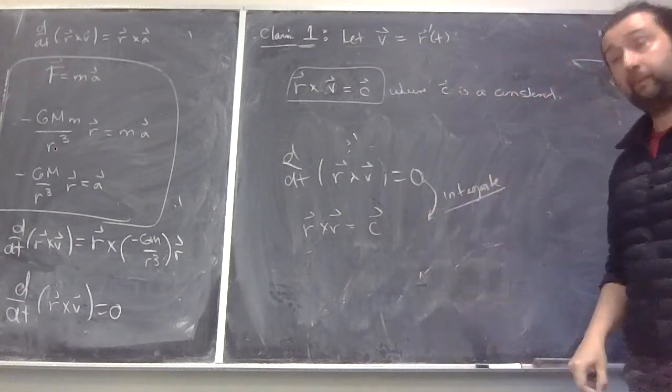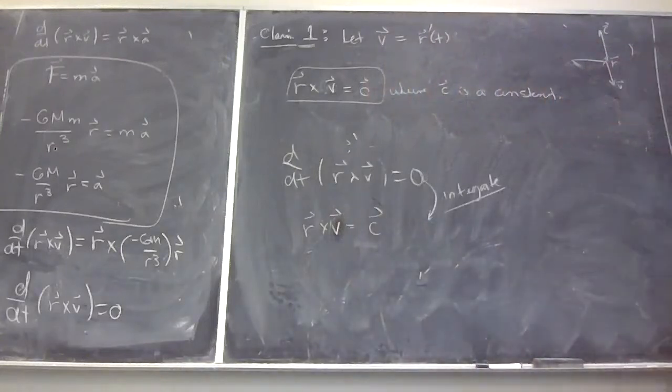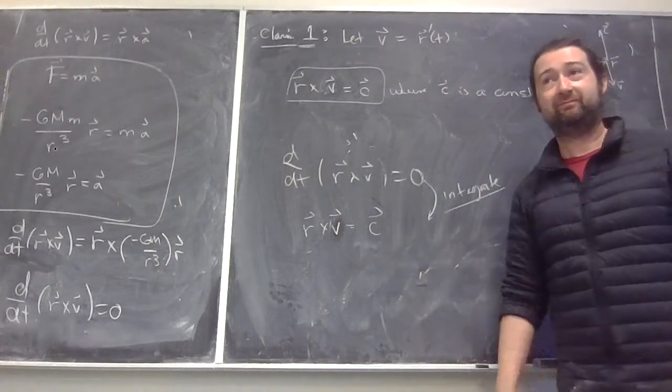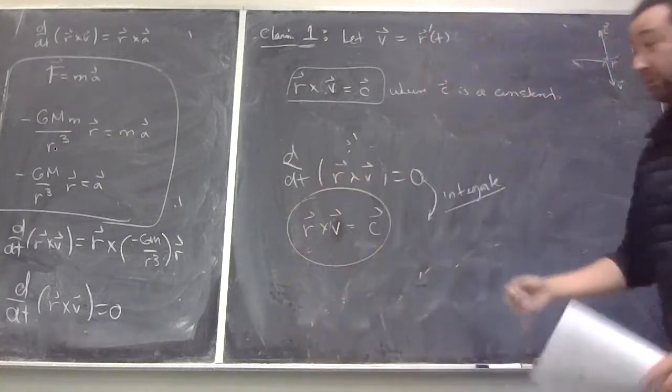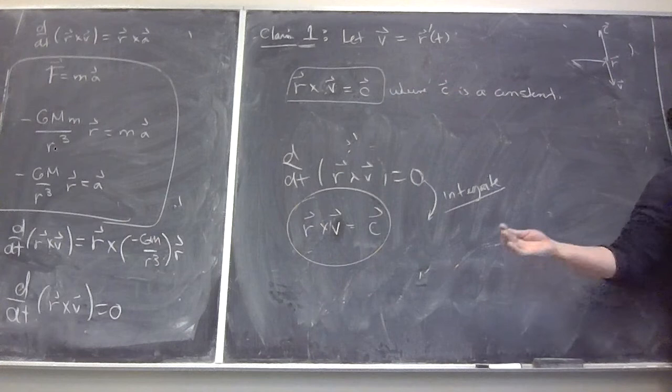Is that a v or a b? This is a v. Yeah, sorry, r cross v. So there you go. r cross v is a constant. And notice there's nowhere I've used a particular value of t, right? This holds for all t.